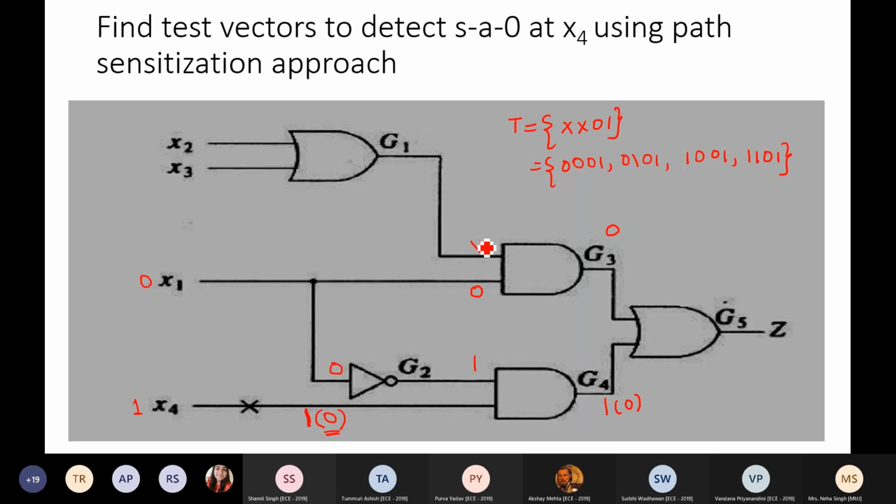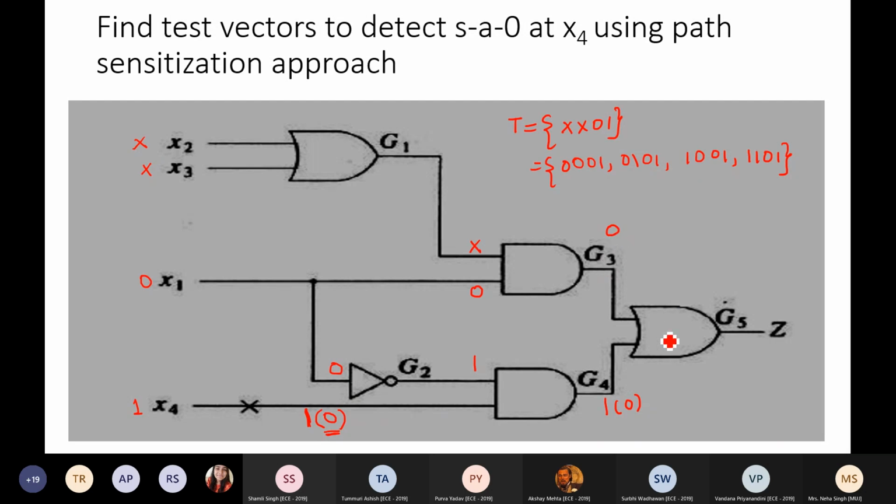Whatever the value here, the output will always be 0. So it does not matter to us what the value at the line G1 is. It means x2 can be any value, x3 can be any value. If both are 0, G1 will be 0. Else for any other combination G1 will be 1. But whatever the value here, the output G3 will always be 0.